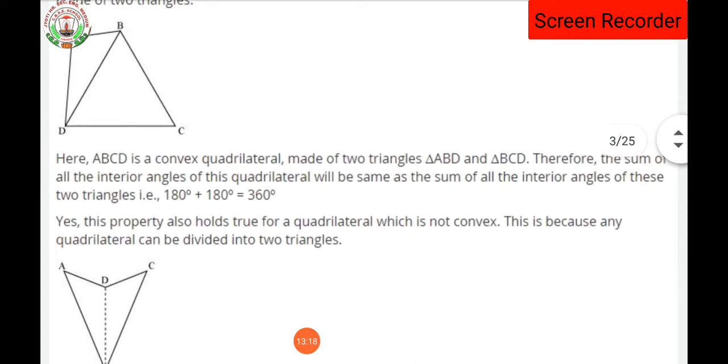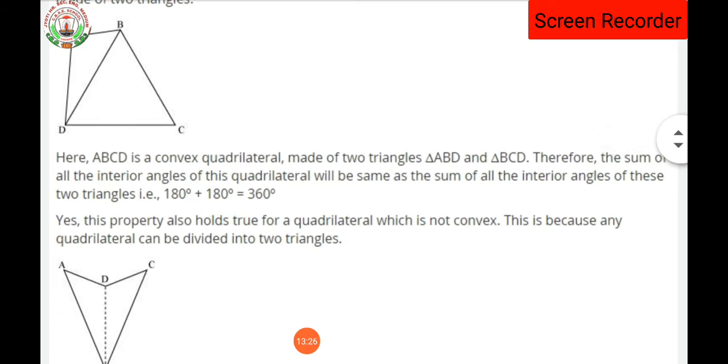Understood? So here we can say, will this property hold if the quadrilateral is not convex? Yes, this property also holds true for a quadrilateral which is not convex. If it is a concave one, of course it is the same. This is because any quadrilateral can be divided into 2 triangles.